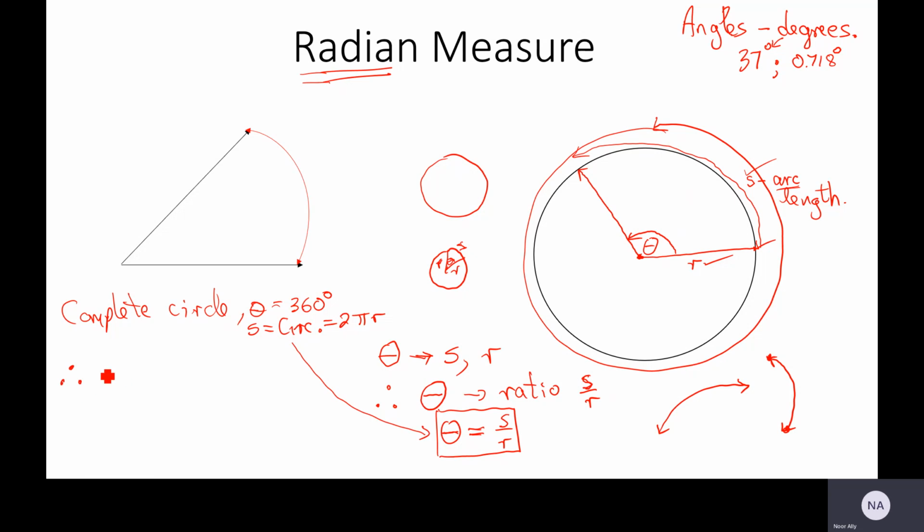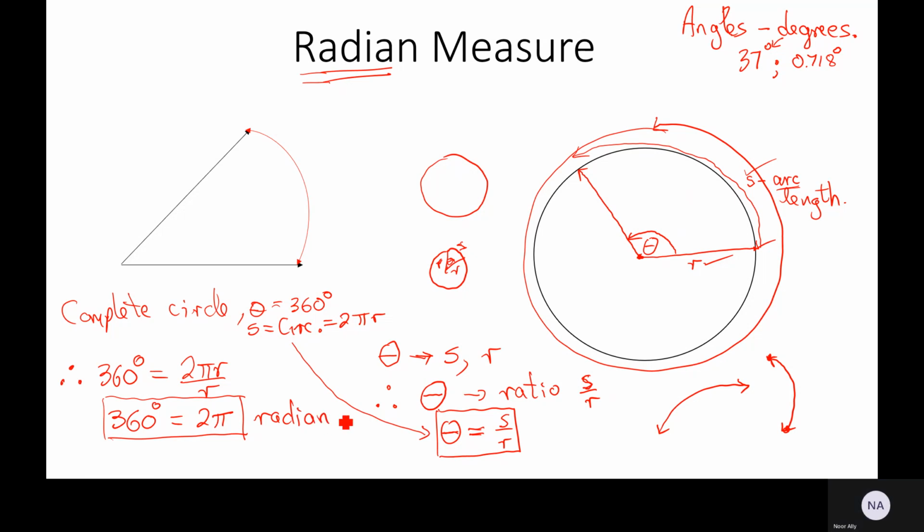We then obtain 360 degrees is equal to S, the circumference 2 pi r, divided by r, and there we get our most important definition, that 360 degrees is equal to 2 pi, and we call this radian, a dimensionless quantity known as radians.